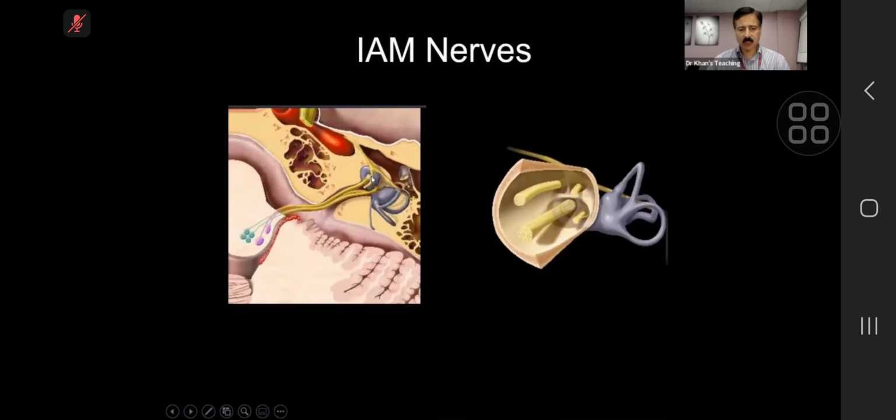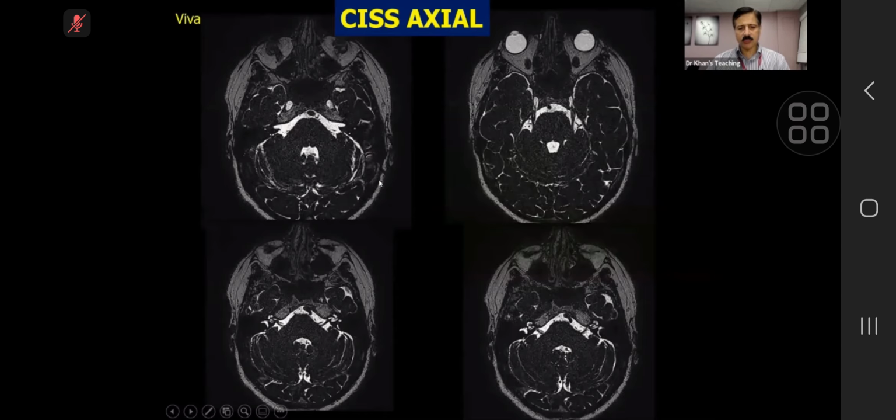Having said that, the CISS sequence is the key sequence to see the cranial nerves in the basal cisterns. CISS is a physics term, constructive interference in steady state. It's a Siemens term, because we use Siemens. Other manufacturers have their own names for this sequence.